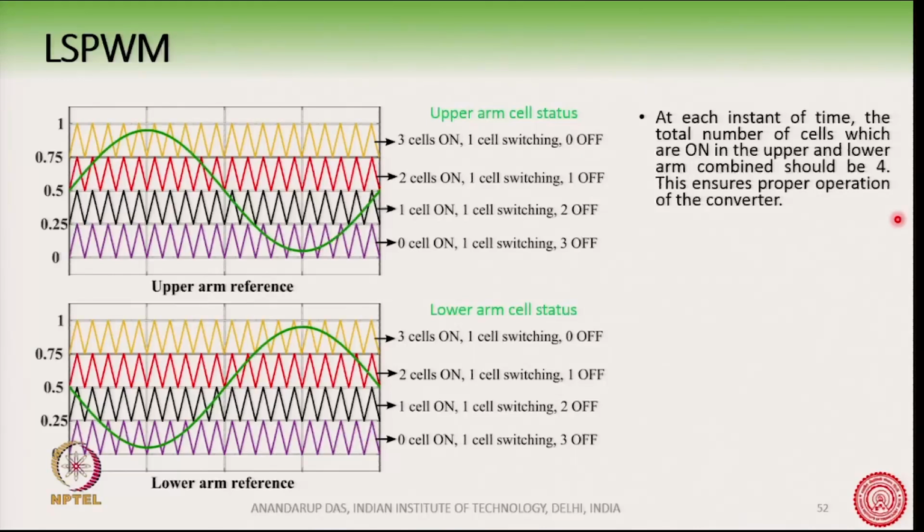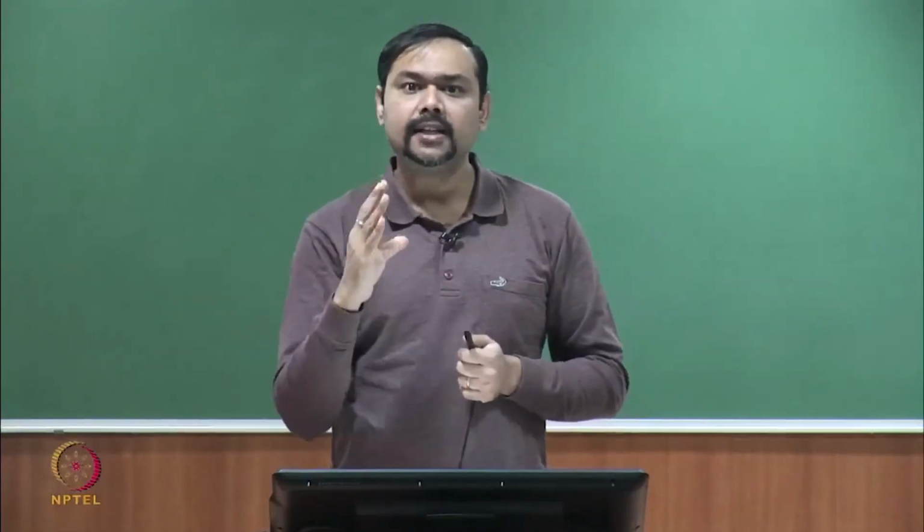Now, why it is so is because, remember, the voltage on each capacitor of the cells of the arm is equal to VDC by n. So, if there are n cells which are turned on at any instant of time, then the total arm voltage is kind of opposing the DC bus.